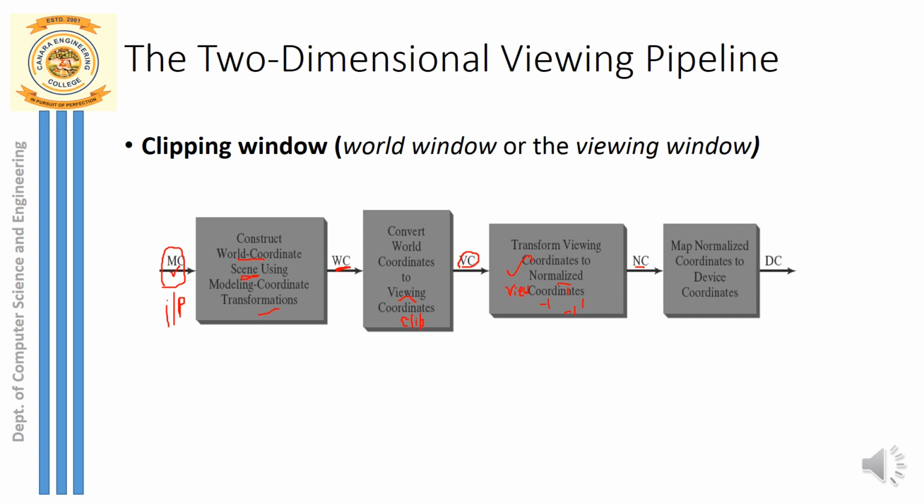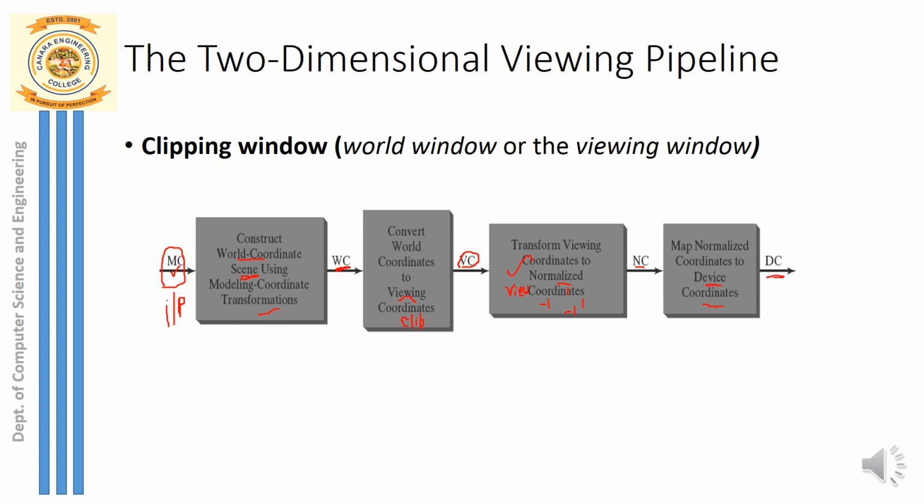You give that output as an input to the next step, and the next step is what? You are finally mapping that normalized coordinate to a device coordinate. What is this device coordinate? Finally you are displaying the graphics onto the device. The device may be a computer screen, or a mobile screen, or a tablet. So mapping onto the device coordinates is the last step.